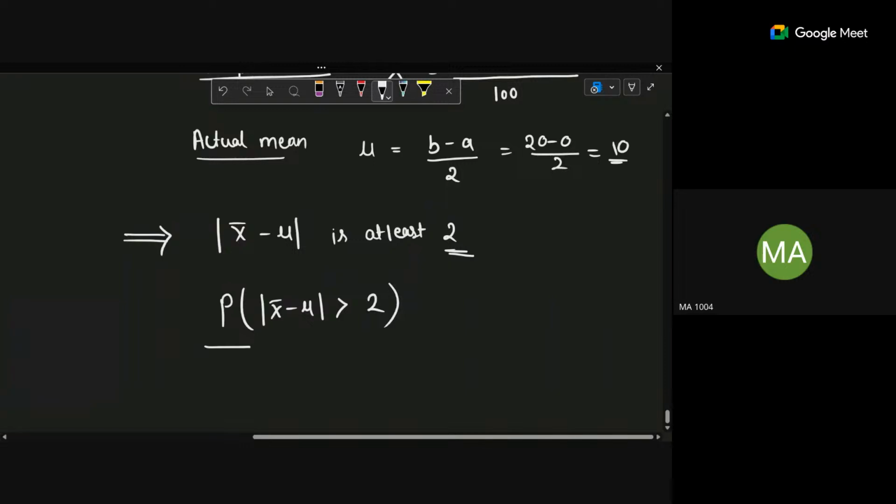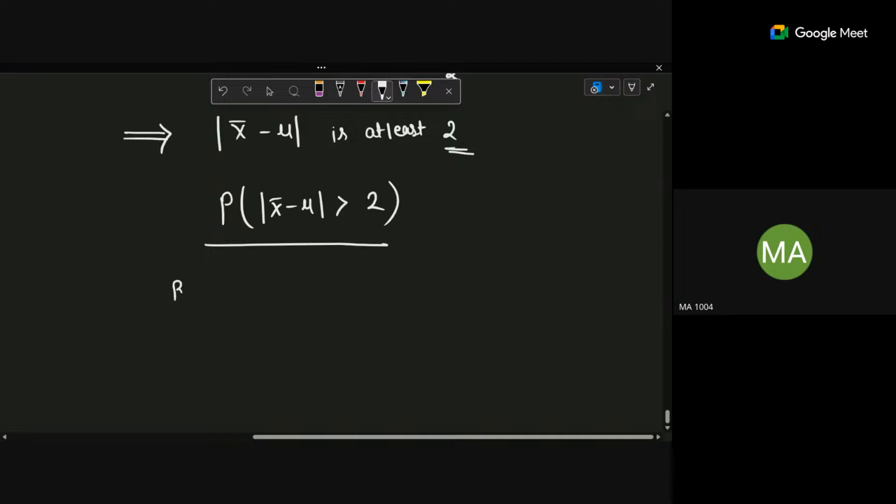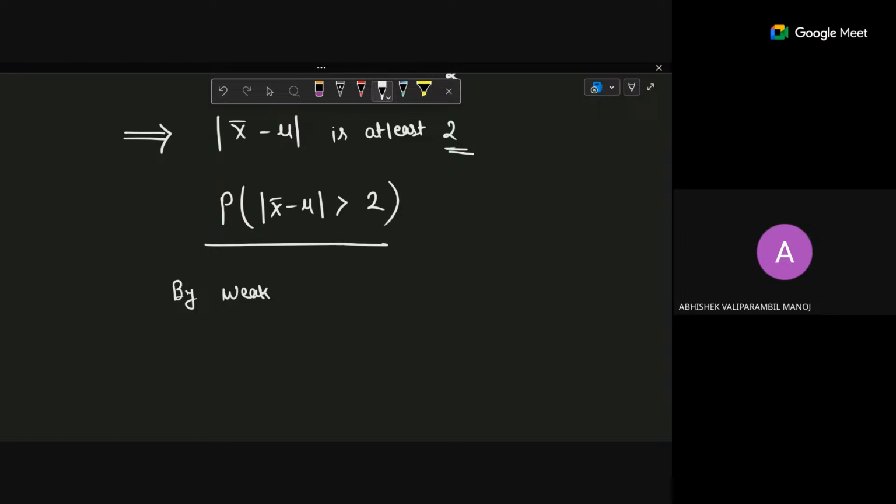Once you know this, you know how to apply the weak law of large numbers. This is in the form modulus of x bar minus mu greater than delta. What does the weak law of large numbers say? The probability is less than or equal to sigma square divided by n delta square.